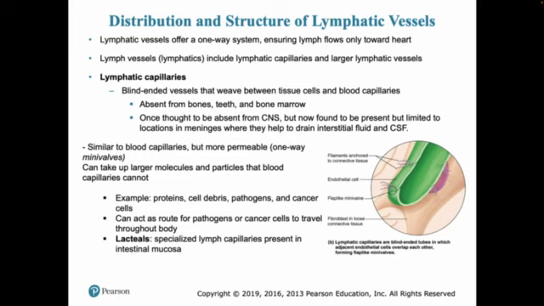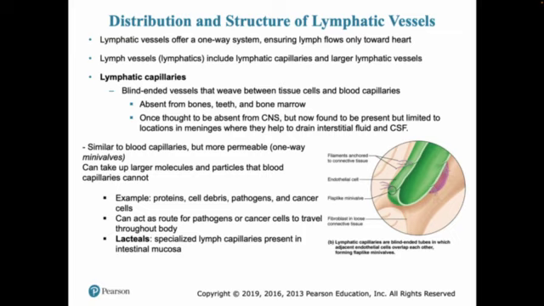They can take up these cancer cells, but it's also an easy route for things like cancer cells and pathogens to travel throughout the body, and it's very dangerous if these things get into the lymphatics, because then they will be part of our circulation system and easily spread around.